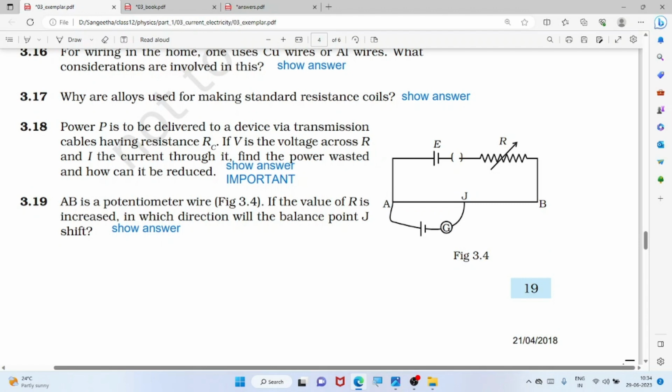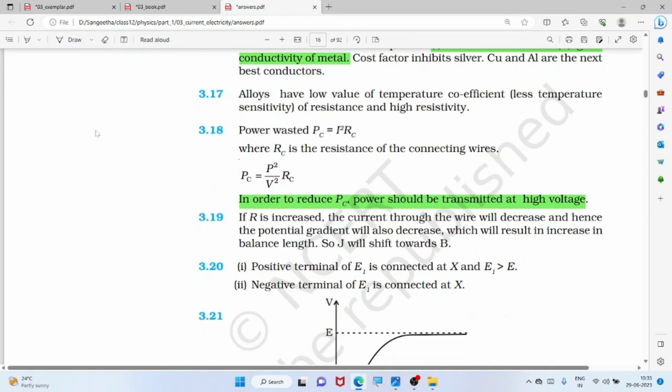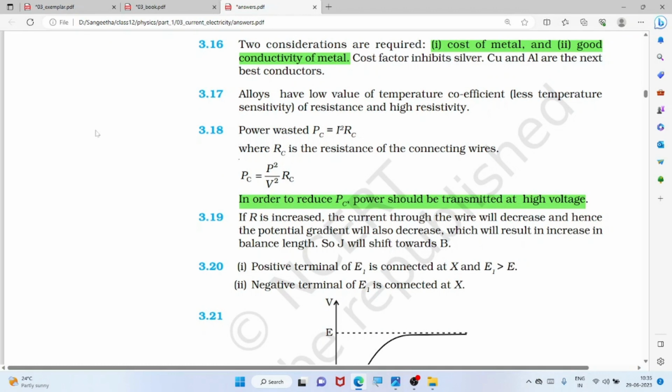Power P is delivered to the device through transmission cables having resistance R. V is the voltage across R and I is the current. Find the power wasted and how it can be reduced. Power wasted is the resistance of the conducting wire times the current squared.